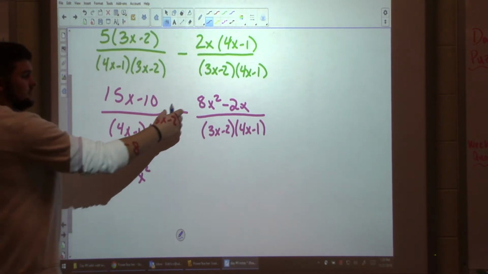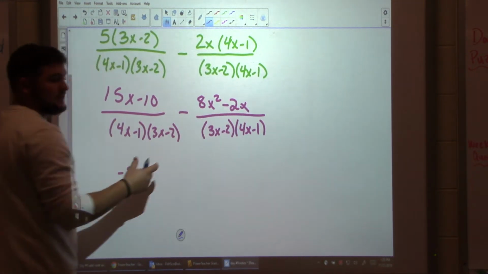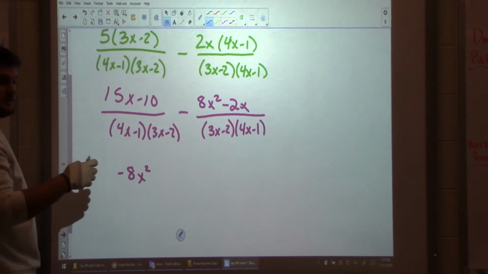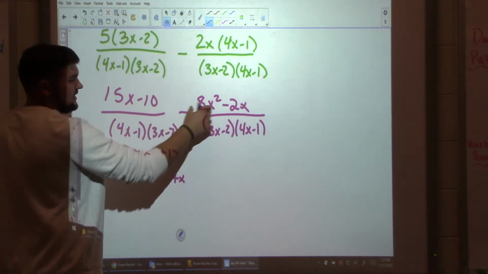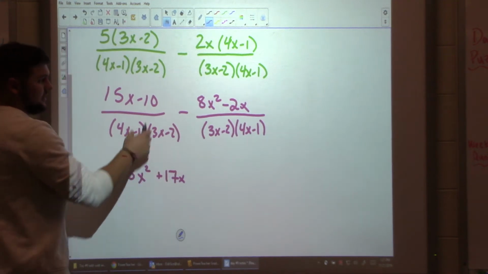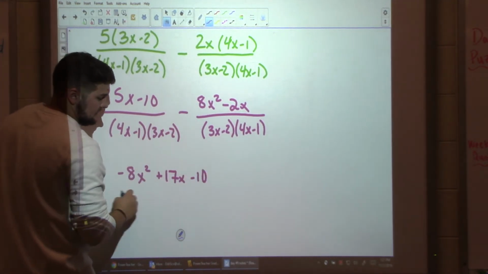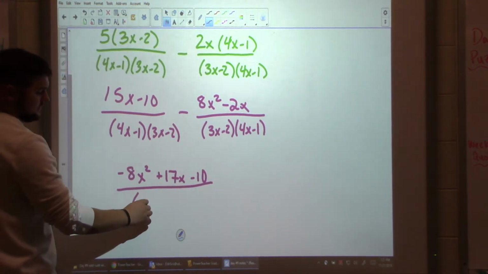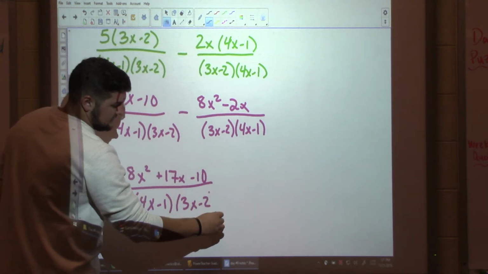Right? That subtraction goes to both pieces, remember? 15x minus negative 2x plus 17x. 15x minus negative 2 is plus 2. Negative 10, technically minus 0 is just negative 10. Over 4x minus 1, 3x minus 2.